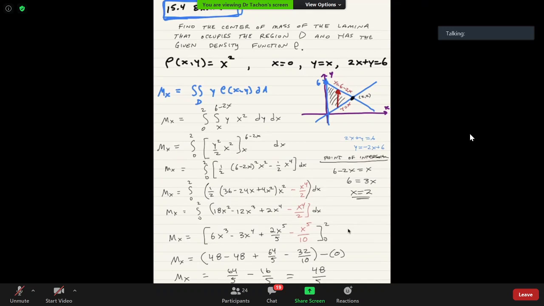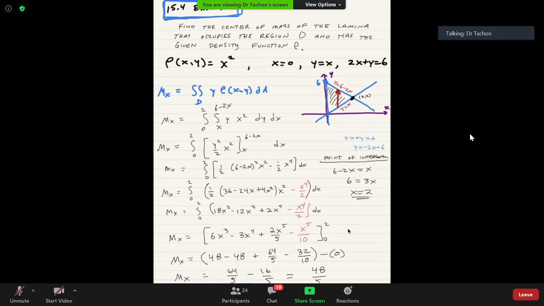All right. There's that piece that we need. Okay, 48 over 5. That's what it is. That's the moment with respect to x.